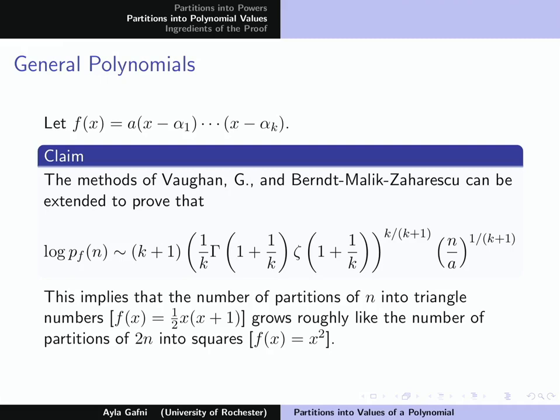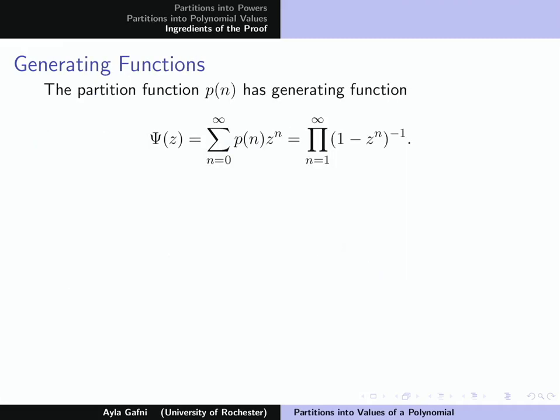Now I'd like to go into a little bit of the proof of how the kth powers case works, and how things would work in general for general polynomials if everything works out the same. We start with the generating function. The generating function for partitions is given by this product of geometric series.